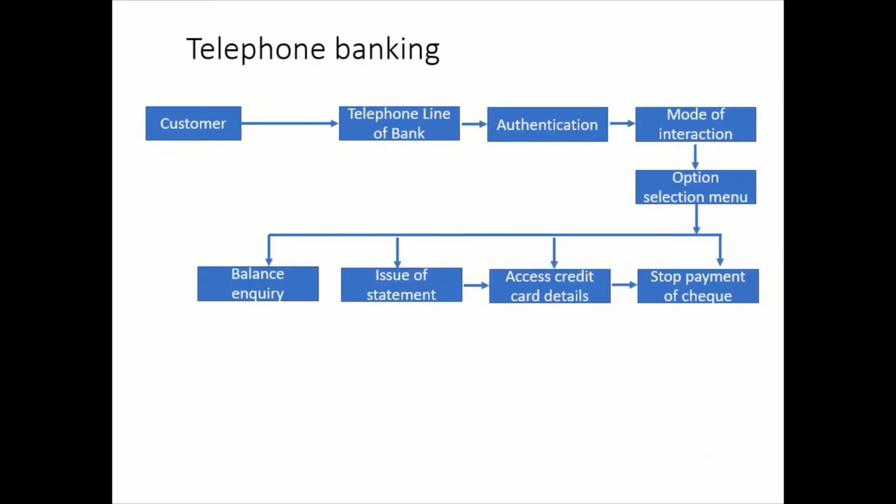The diagram shows the process of telephone banking. Here the customer dials the bank telephone number which is dedicated to the telephone banking service. The banking system verifies the authenticity of the customer by asking customer to enter relevant authentication details.